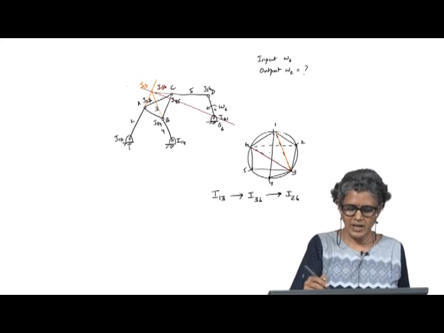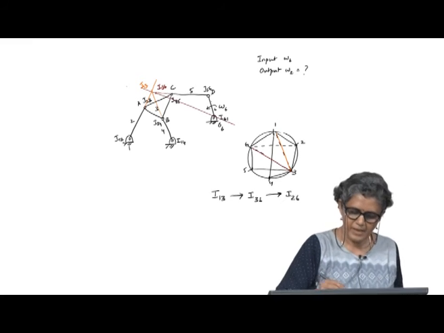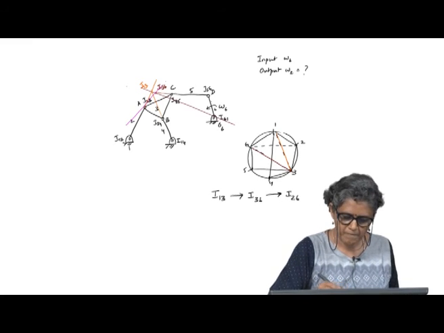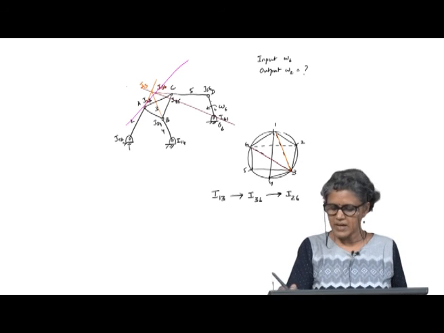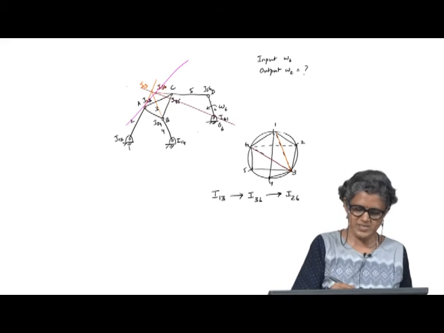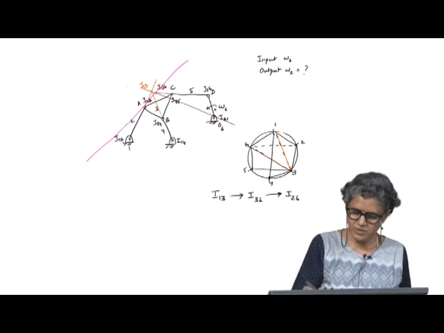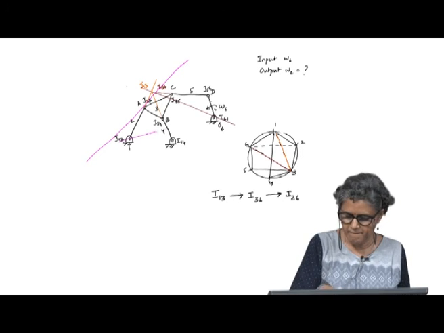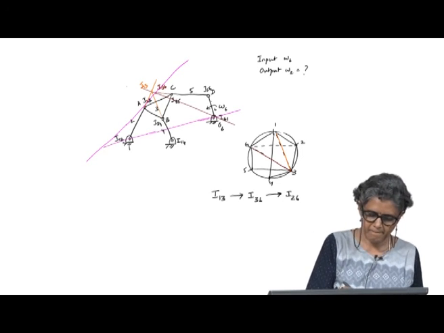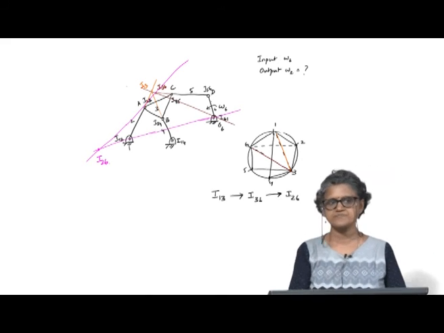I23 and I36, and I12, I16. Okay, so let me just extend this. I12, so this gives me I26.